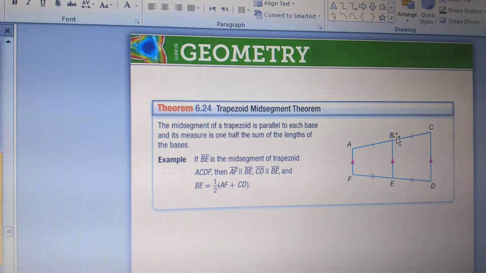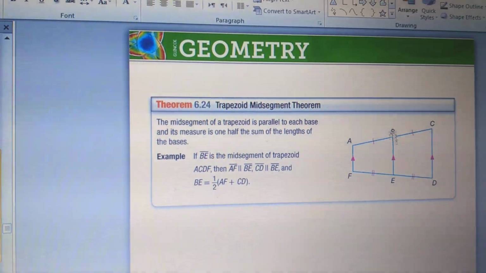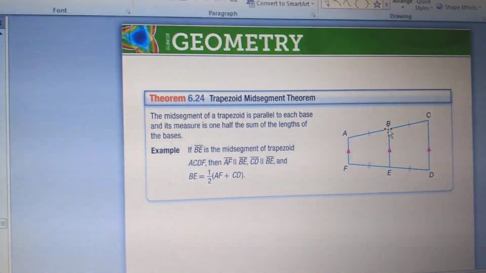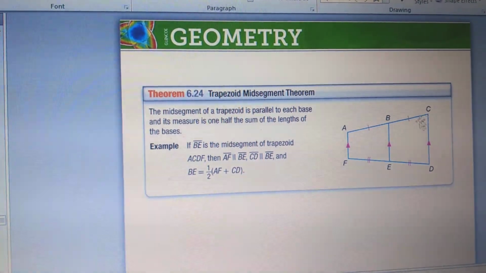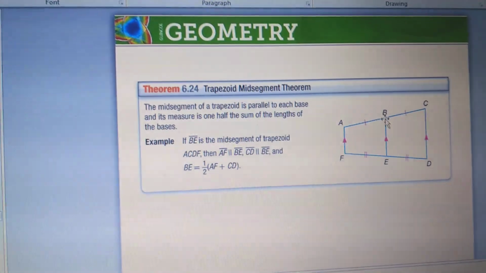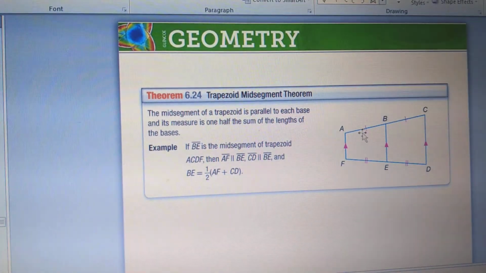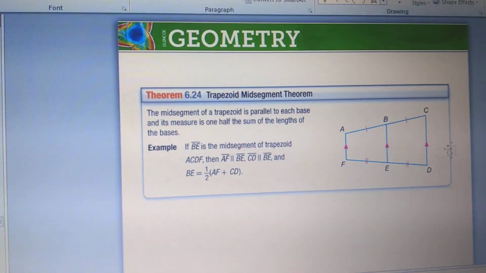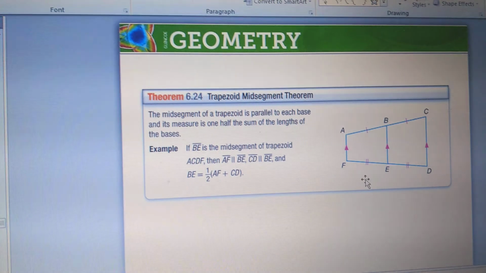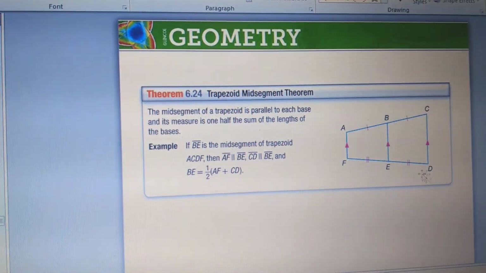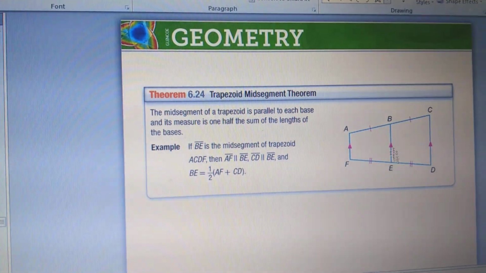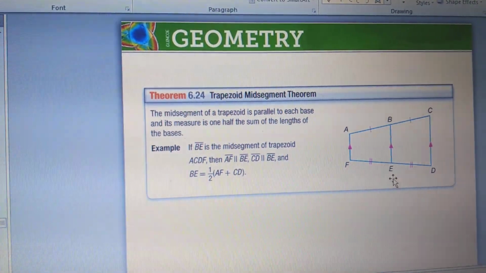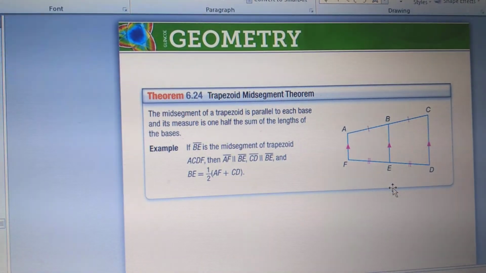When I draw mid-segment BE, B is the midpoint of leg AC, and E is the midpoint of leg FD. This segment, which matches between the midpoints of the two legs, is called the mid-segment.